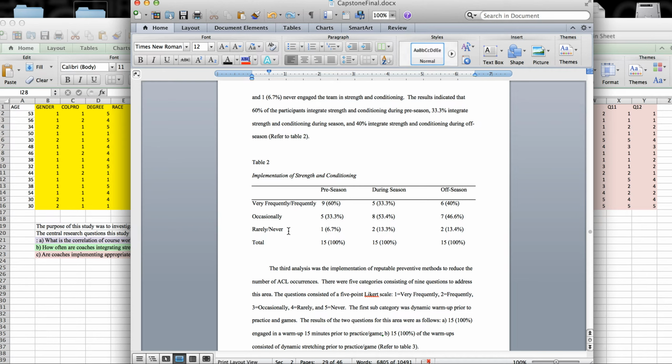So if you find that your responses are very balanced across the board, it's okay for you to summarize them and include like strongly agree and agree, or strongly disagree and disagree, or in her case very frequently and frequently, or rarely and never. Okay?